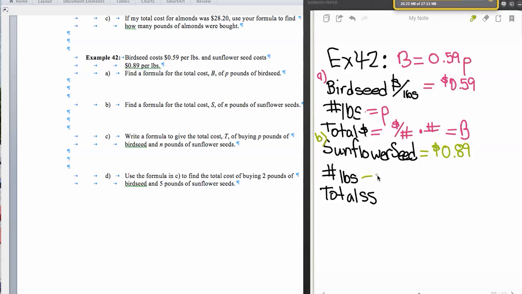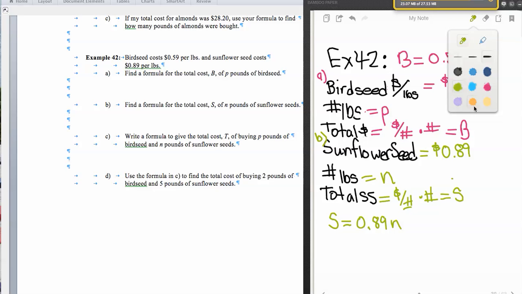And then the number of pounds, that's going to be called N. And then the total for the sunflower seed is going to be the dollars per pound multiplied by the number of pounds, and that gives us the total value, which we'll call capital S. So our equation for S is equal to 0.89 times the number of pounds, which is N.